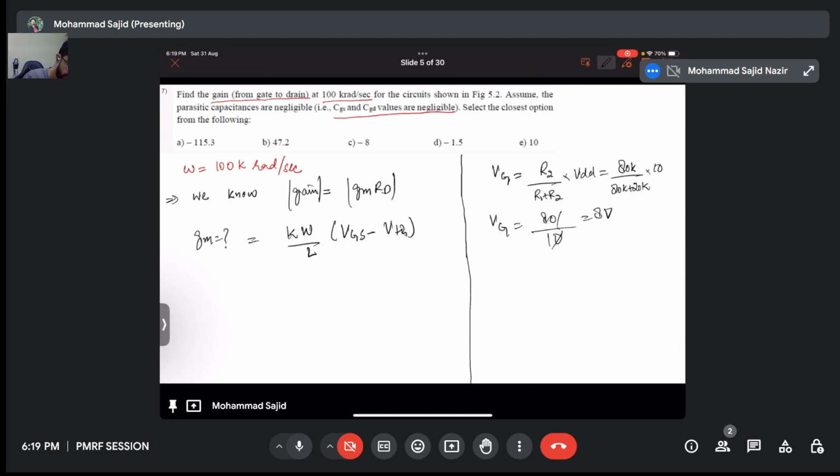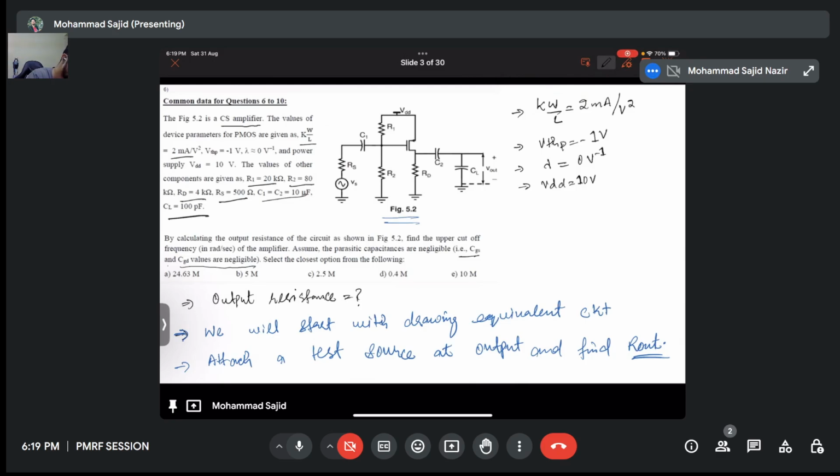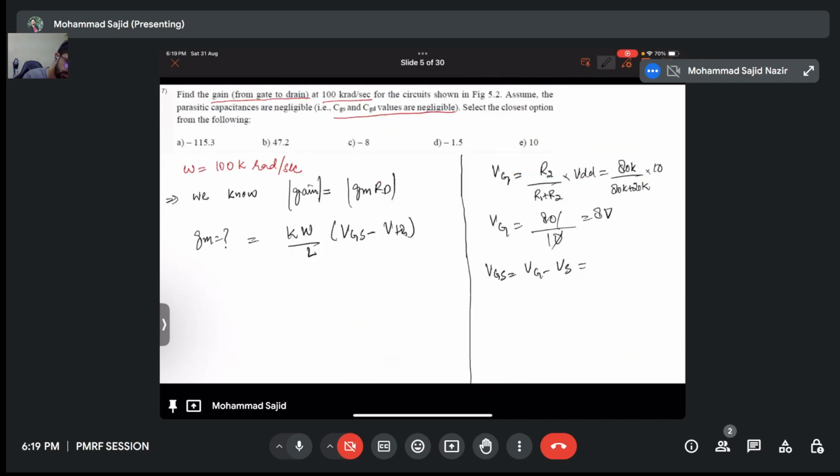Now I need to calculate VSG. That is VS minus VG. You know that this is PMOS and your VS is VDD, which is 10 volt. So it will be 10 minus 8, which is 2 volt.